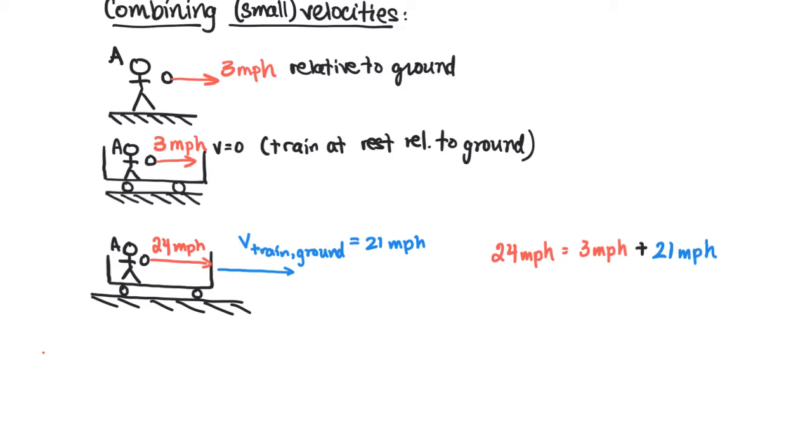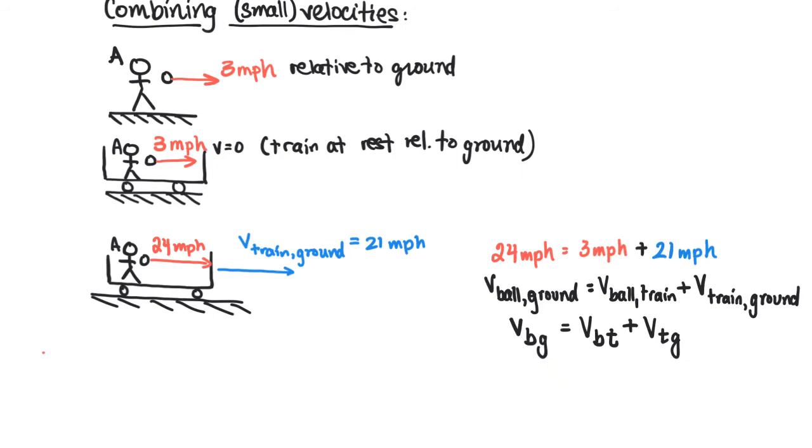So v train ground means train relative to ground, and we can therefore write v ball train and v ball ground to represent the ball speed relative to the train and the ball speed relative to the ground, respectively. And then rather than writing all these words out every time, we can always abbreviate in the following way. So we have V_BG, v ball ground, equals V_BT plus V_TG, ball relative to train plus train relative to ground.